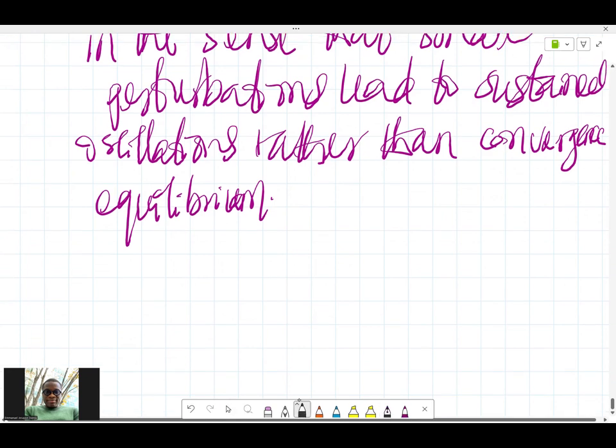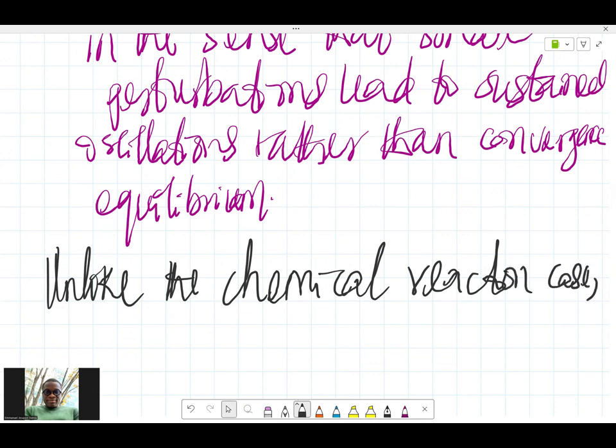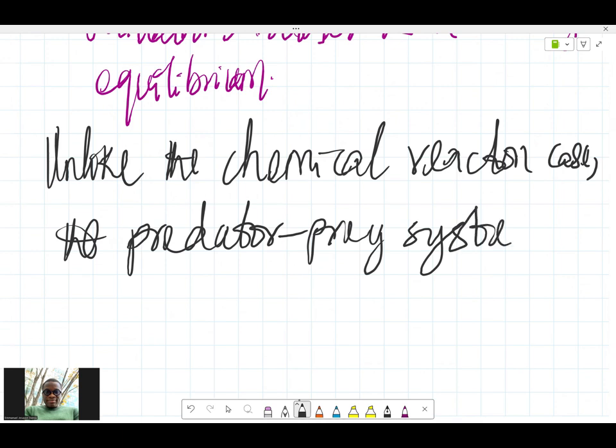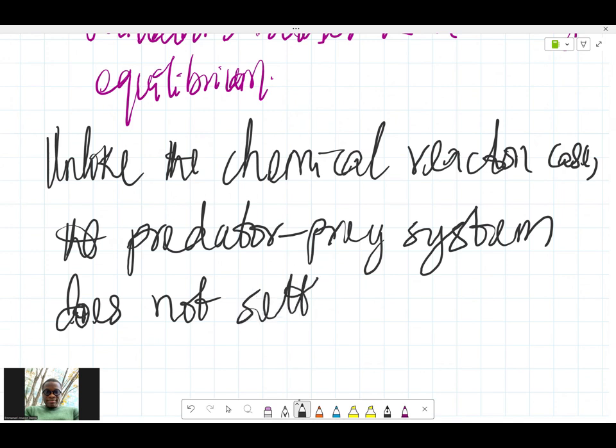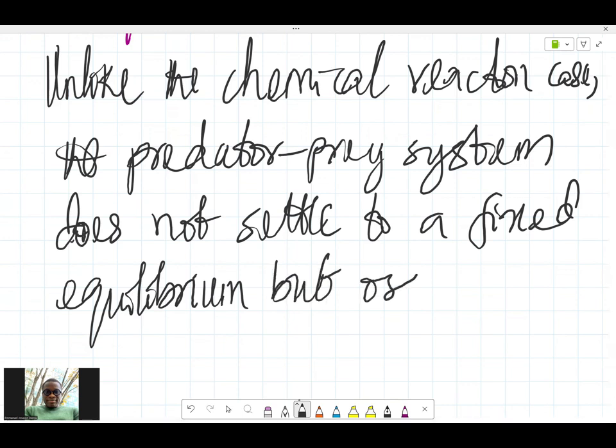Okay, so what do we conclude here? Unlike the chemical reaction case, the predator-prey system does not settle to a fixed equilibrium, but oscillates.